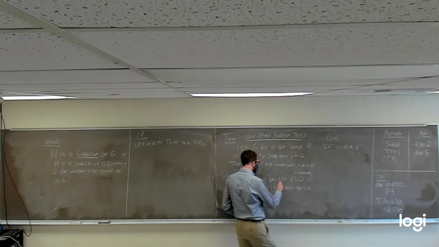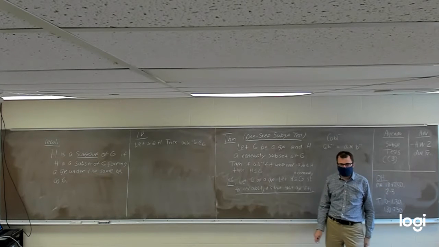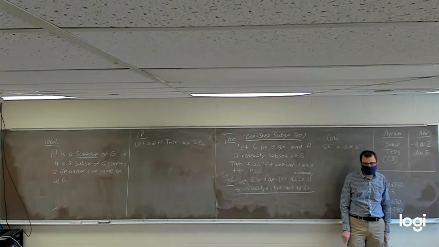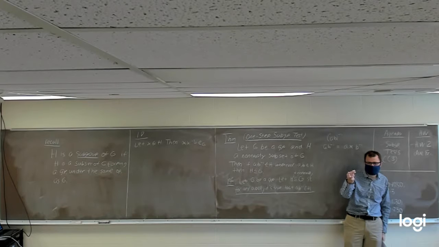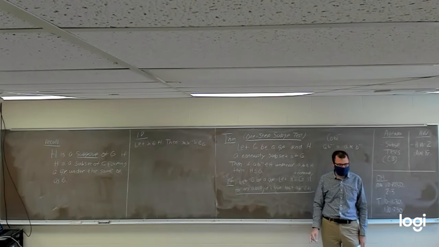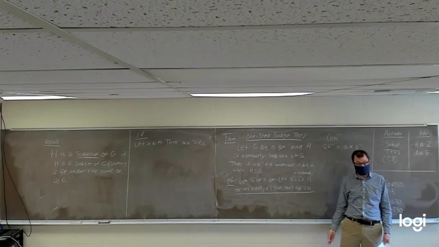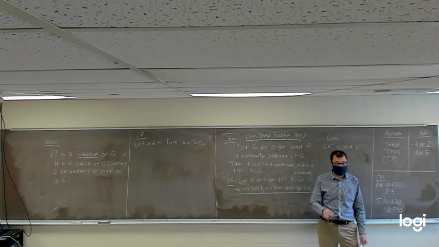Given this property right here, what can we say has to be true about X inverse? Every value in H has an inverse. Well, we don't know. We know it has an inverse in G. Okay. But what does this property right here tell us has to be true about X times X inverse if we're making an initial assumption that X is an element of H?